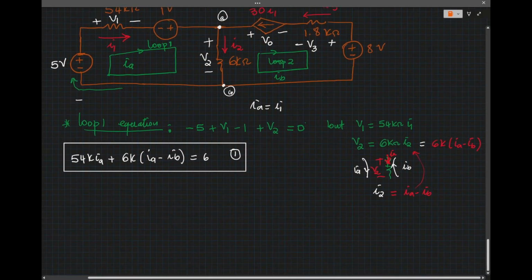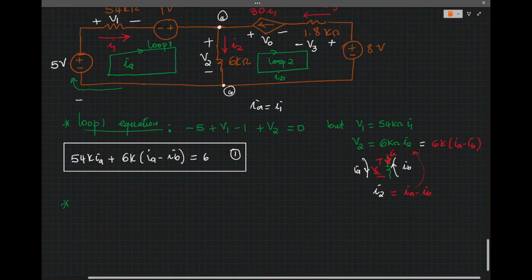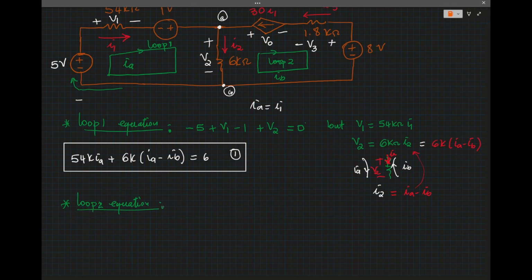Now, the loop 2 equation. Starting from node A and moving clockwise, we have V0 minus V3 plus 8 minus V2 equals 0.